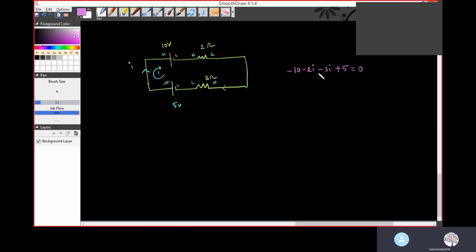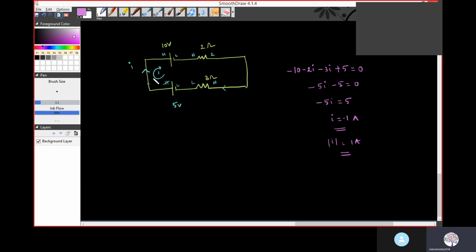So this is minus 2I minus 3I minus 5 equal to 0. Minus 5I is equal to 5, that means I is equal to minus 1 ampere. Now you may say, okay, sir, minus 1 denotes that the loop current is in the opposite direction. Magnitude wise, it is only 1 ampere.